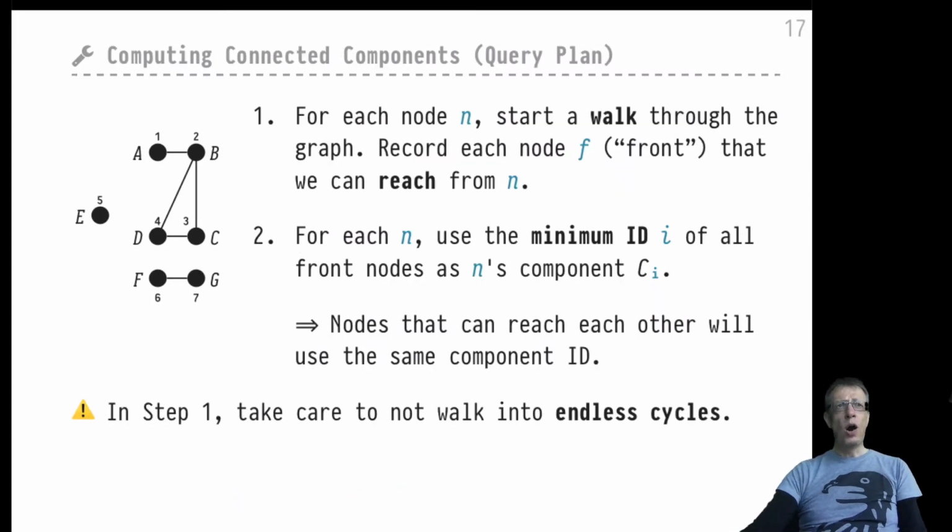Okay, so how would we now compute connected components inside such a graph? So we need a query plan, which again is a general strategy to address, well, in this case, a moderately complex problem that we are given. Right, this is not the query plan that the DBMS query optimizer would output. Okay. So what I'm proposing here is to start walks into the graph, path traverses or edge traverses inside this graph.